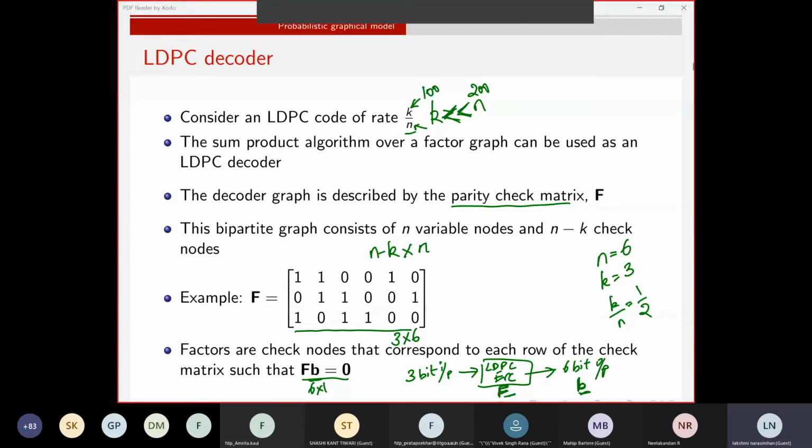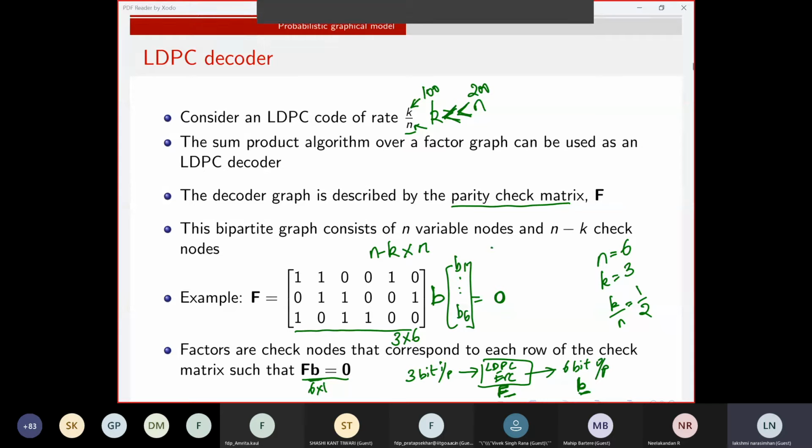So if there is a valid code word that we multiply here, we will see that this is equal to 0. Let's say this has 6 variables. Remember, these additions are performed in a finite field, which means you cannot simply add 1 plus 1 and say it is 2. It is in the binary finite field, so we have to XOR the bits.